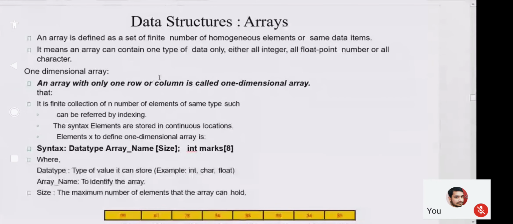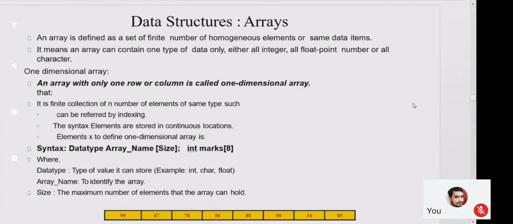Next, I will discuss all the data structures one by one, and I will start the journey from array. Everyone knows what an array is. An array is defined by a set of a finite number of homogeneous elements. Homogeneous means same elements, same data items.